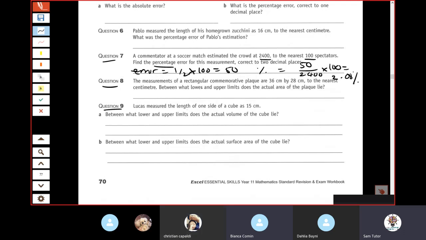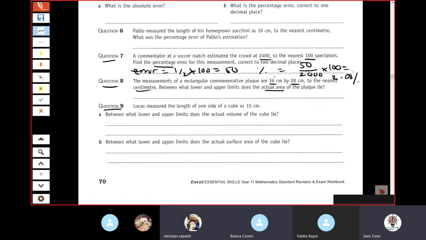The measurements of a rectangular plug are 36 by 28, to the nearest centimeter. Between what lower and upper limits does the actual area lie? Okay. Again, girls, we've done this. Do you want to remind us what we're meant to be doing? Do we first find the area and then do the upper and lower bounds?